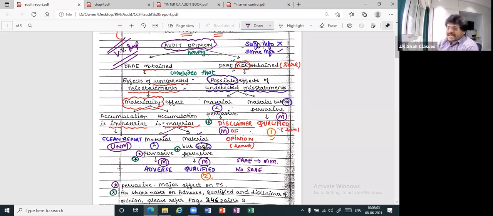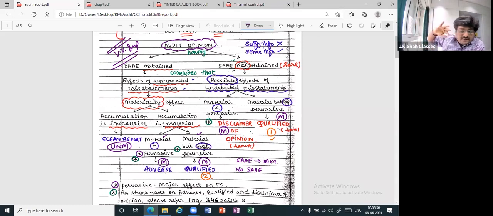On the other hand, when say is not obtained, what you check is not the effects, but the possible effects. Possible effects of what? Possible effects of undetected misstatements. Why do I say undetected? Because if you don't have say, then how can you detect? So ultimately it is undetected misstatements. So you will have to think yourself now, what will it be? Obviously there are 2 options.